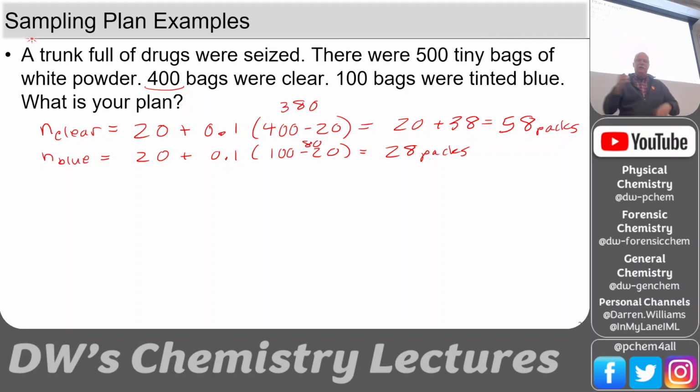So we would test those, make up our samples, put them in the auto tray. We have a calibrated instrument. Now that's a lot. That's 58 and 28, so that's 86 packs.